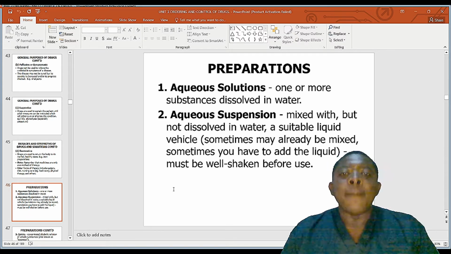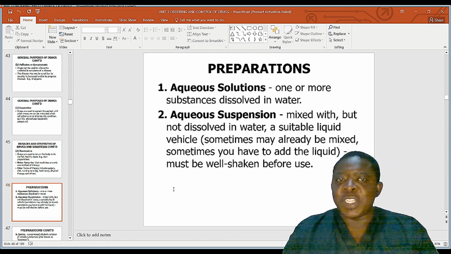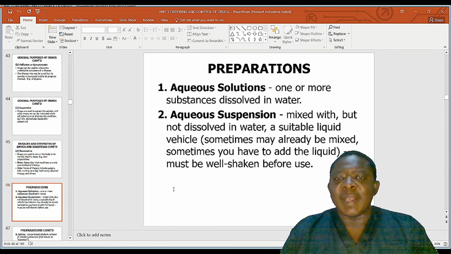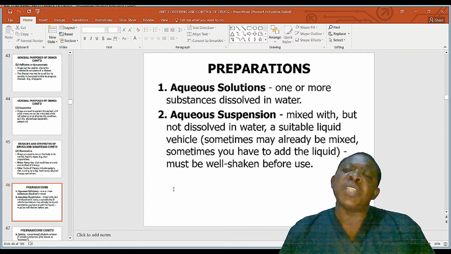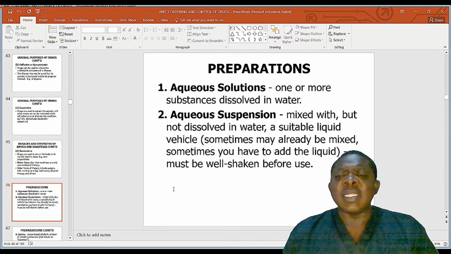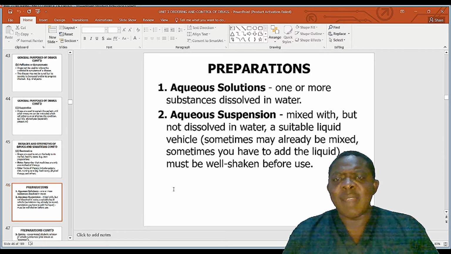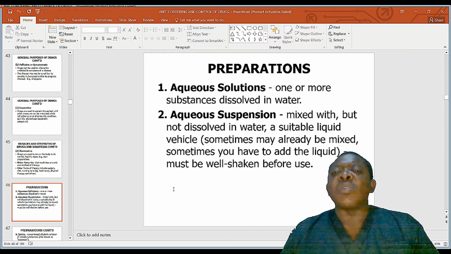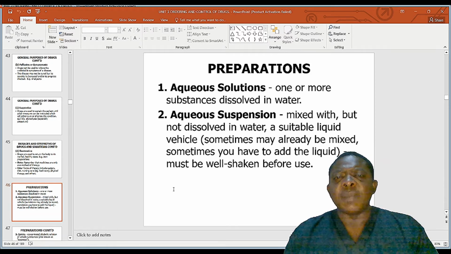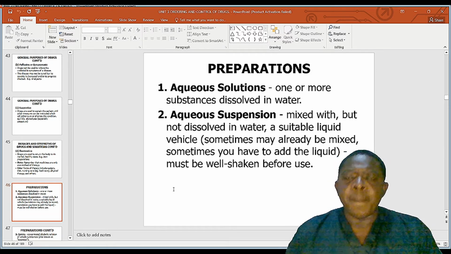Mixed with but not dissolved, it's a suspension. Aqueous solution is where one has it dissolved. With a suspension, you are required to shake before you take so that all the chemical components can mix nicely. But in an aqueous solution, the chemical components or substances have dissolved there.